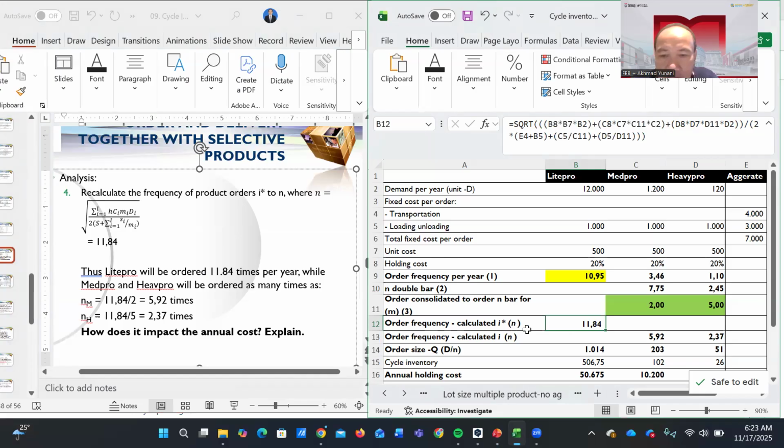Okay, and then the order frequency for Med Pro and HiFi Pro is not the order consolidation.